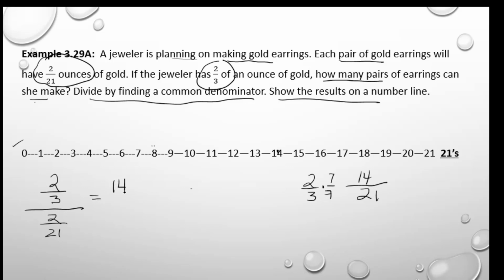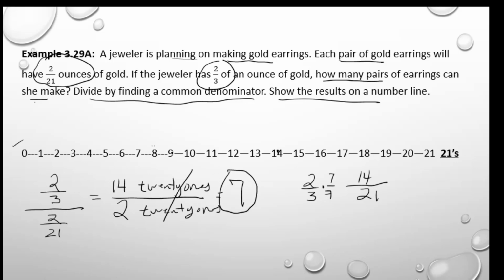I have 14/21s divided by 2/21s. The 21s cancel. I'm left with 14 over 2, which is 7. So I can make 7 pairs of earrings with the gold that is in 2/3 of an ounce.